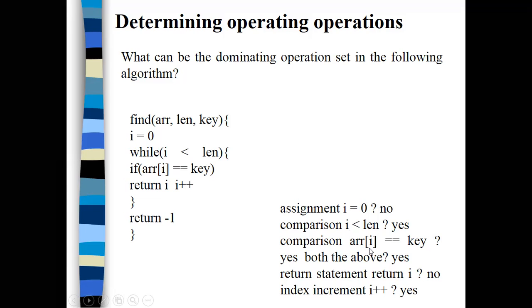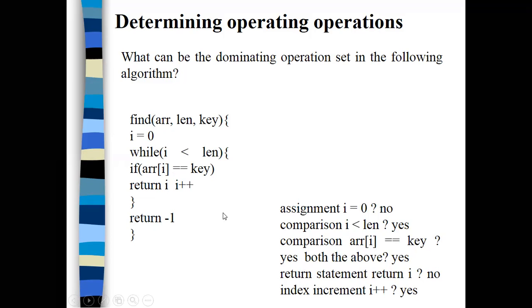Similarly with array[i], if we compare our key with the whole array, again we are representing the maximum amount of data. Similarly, if we check both of these, again we have a large amount of data. However, if we check i in return, that is only one, as we have i equals 0 and return -1. These two represent only one data, not the whole data.